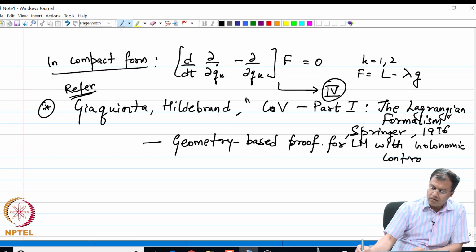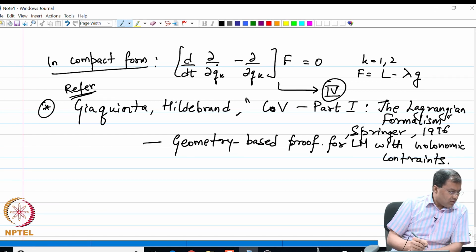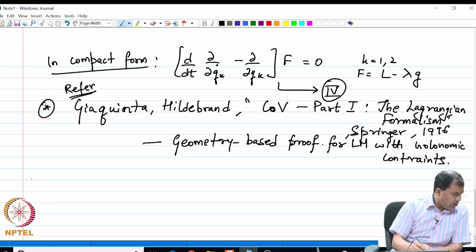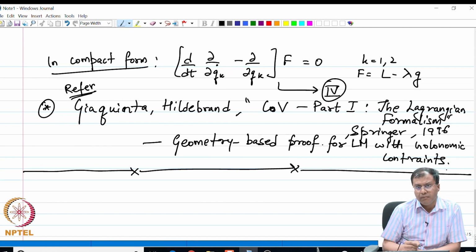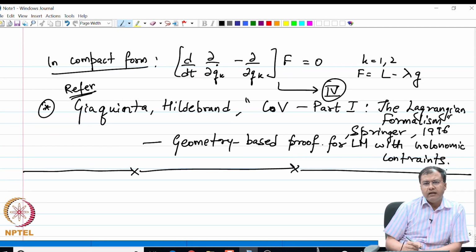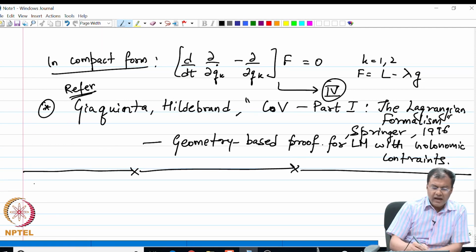I am going to end my discussion on holonomic constraints by summarizing my entire discussion in the form of a theorem, and also providing some examples to highlight how this Euler-Lagrange necessary condition is utilized.